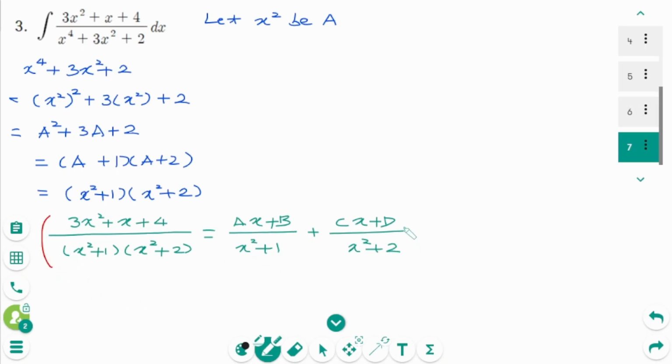Then multiplying by x squared plus 1 times x squared plus 2 on each side.